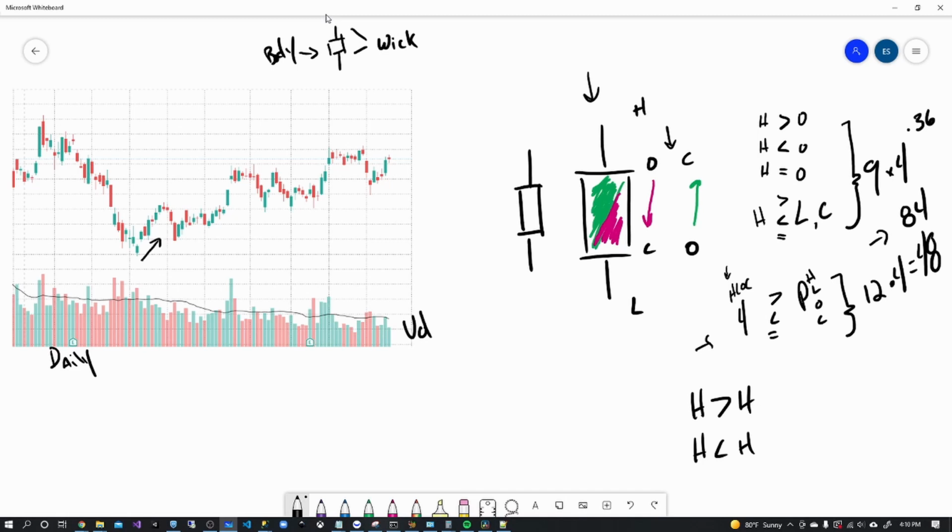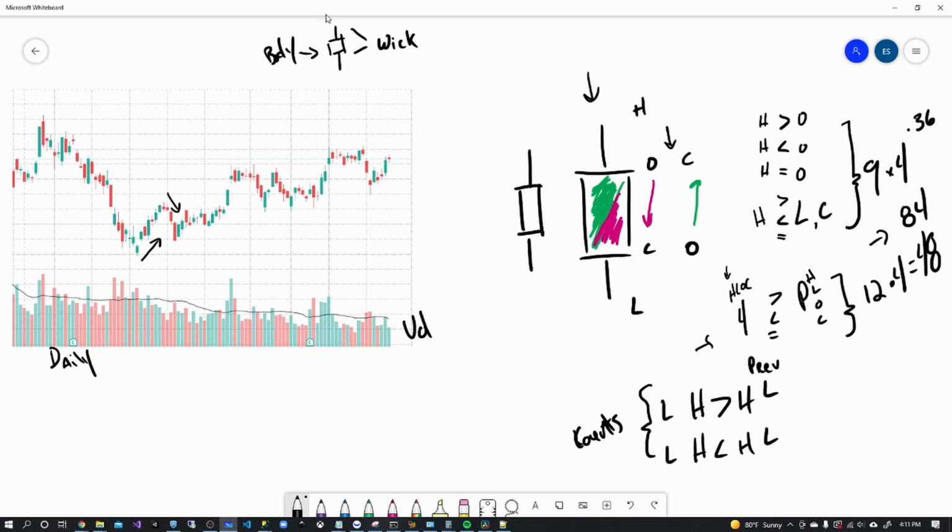Are we in this impulse? Same with lows, low over low, low under low, etc. So we have a lot of previous, not just calculations, but counts. How long have we been in this uptrend or downtrend? So that's a lot of important information.